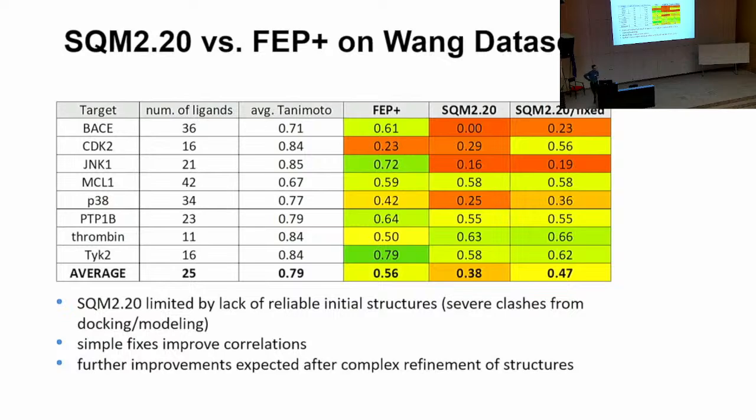These targets were pretty similar, a so-called congeneric series, which is by design meant to make small changes in the alchemical calculations, whereas we calculate absolute binding free energy, so we don't care whether the ligands are similar or not.